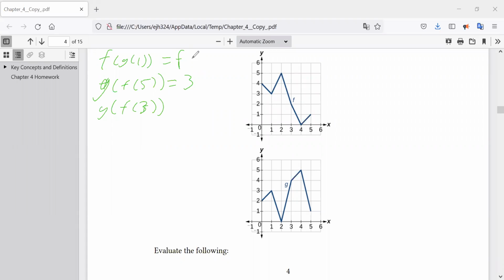So g of 1 is 3, right? Then we have f of 3. What's f of 3? 2, perfect. So f of 3 we just said is 2, so we have g of 2 now. What's g of 2? 0, exactly. Do people feel comfortable doing function composition on graphs? Okay, I see it now. Good.